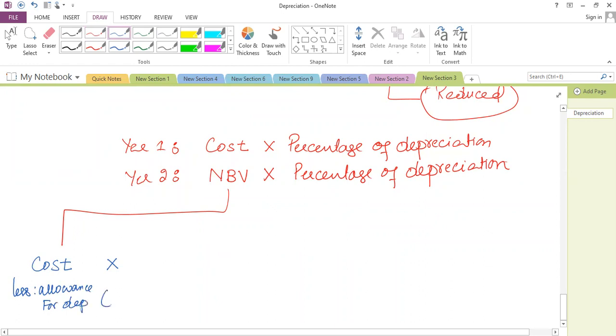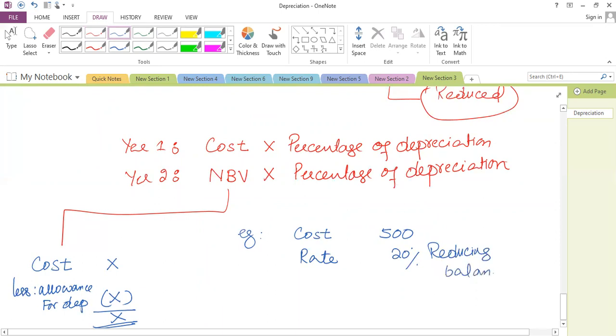And in each year, first we will identify the net book value for that year, and then we'll calculate the value of depreciation. So for example, let's assume that the cost is 500, rate of depreciation is 20%, reducing balance, and scrap is 50.